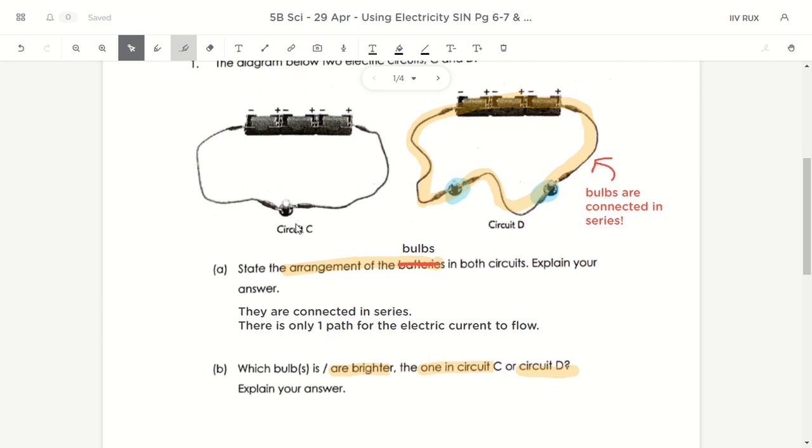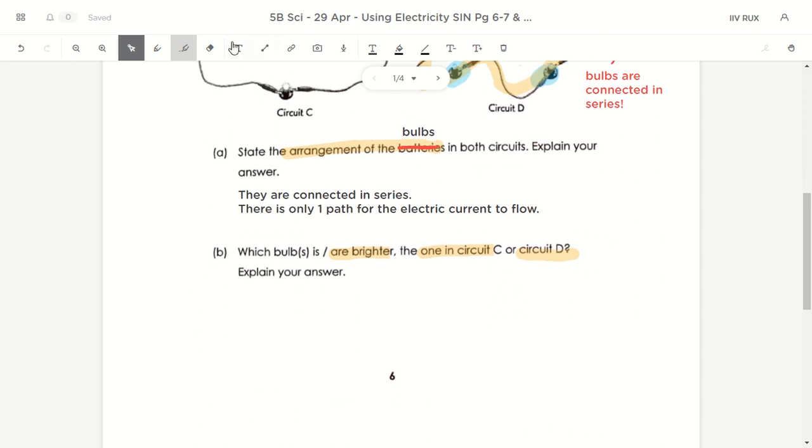So the bulb in C will definitely be brighter because all the electric current from these three batteries flows through this bulb, while for D, two bulbs share the electric current from the three batteries. So which bulb is brighter? The answer is the one in circuit C. The bulb in circuit C is brighter.